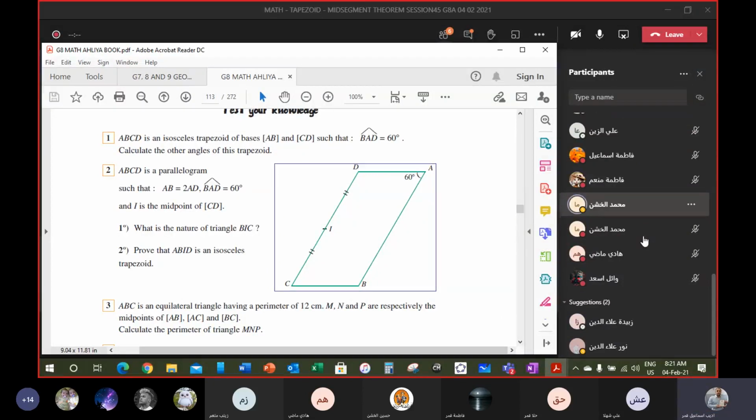نعم يا أستاذ. Read exercise number 2. ABCD is a parallelogram such that AB equals AD, angle BAD equals 60 degrees, and I is the midpoint of CD.